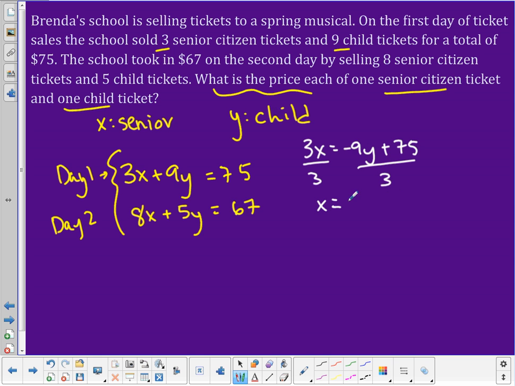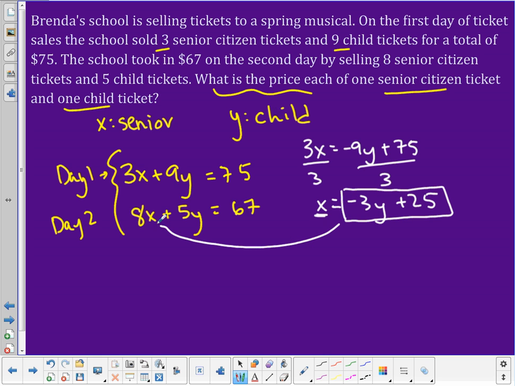Negative 9 divided by 3 is negative 3y. 75 divided by 3 gives me 25. Now I can take this phrase that is equal to x and plug it in for x right there. So that gives me 8 times the negative 3y plus 25 plus 5y is equal to 67.